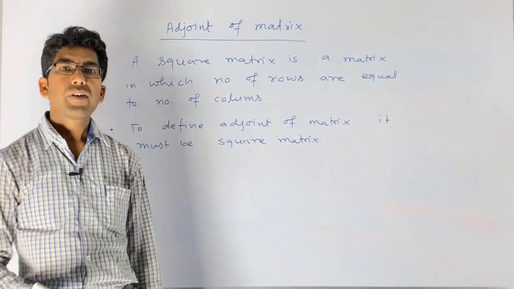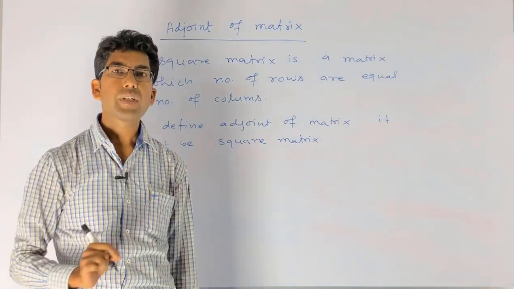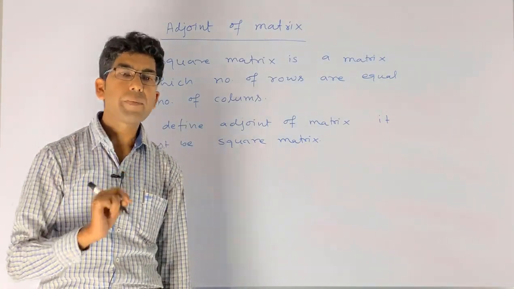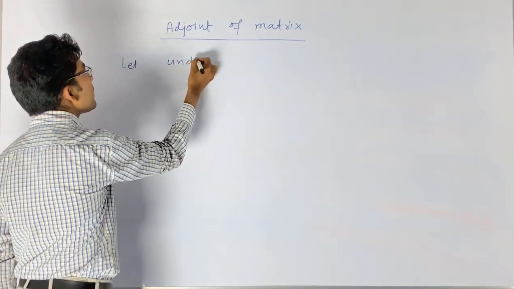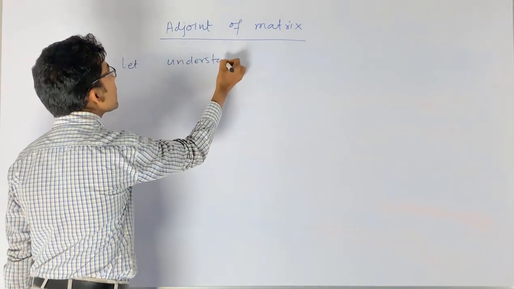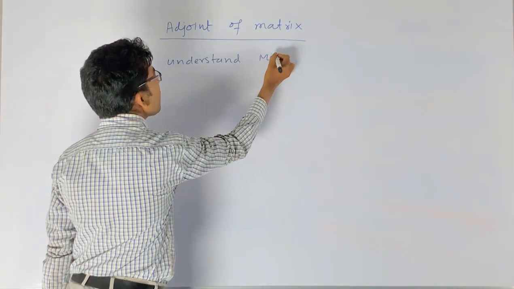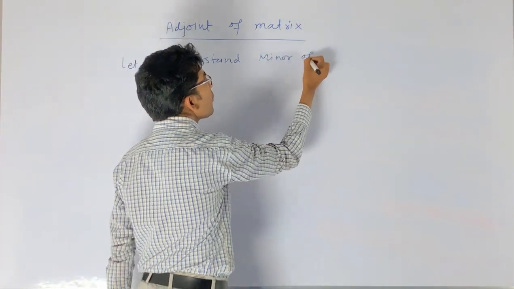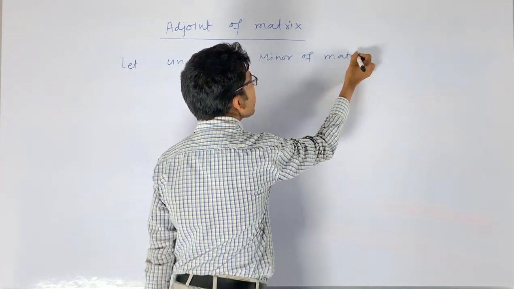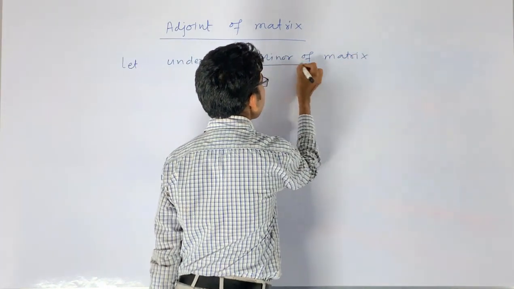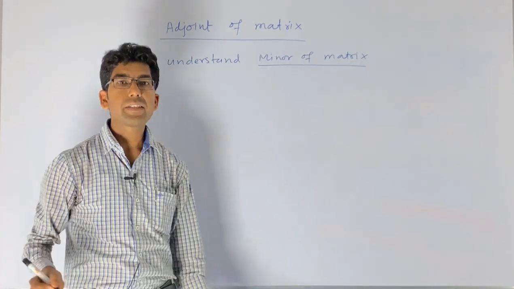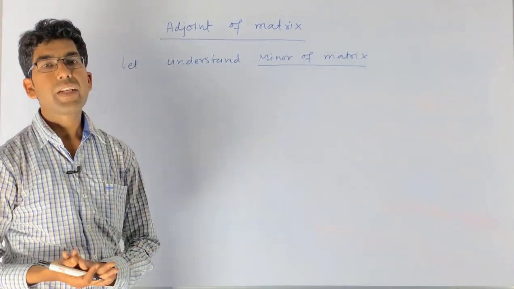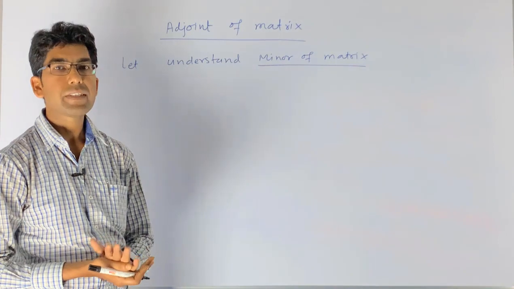Now we define some more concepts, one more element. Let us understand minor of a matrix. Minor is defined for each of the elements of a square matrix.